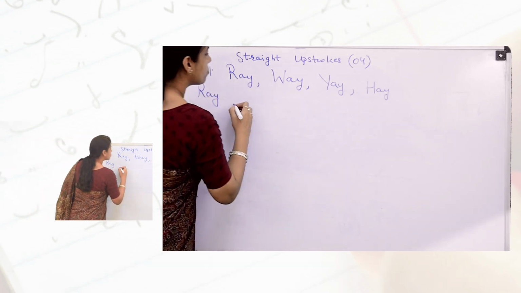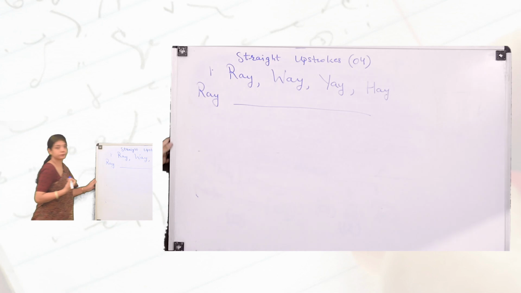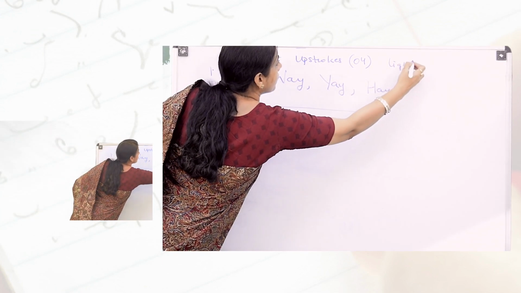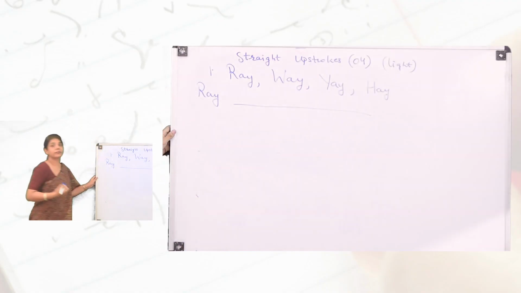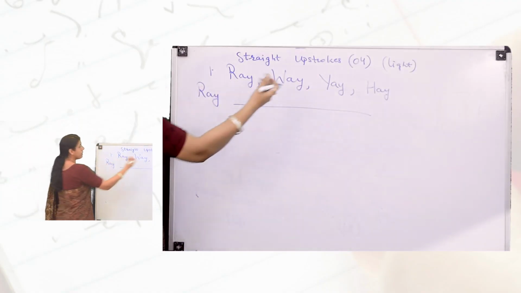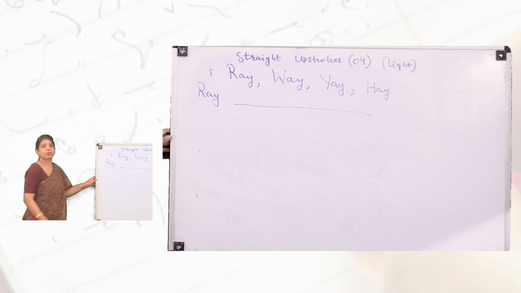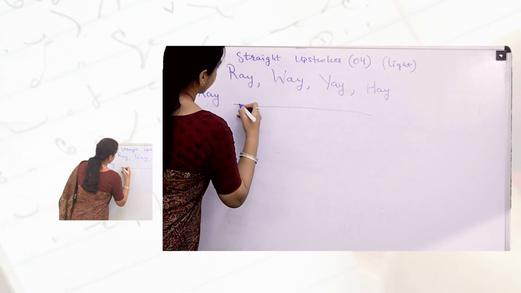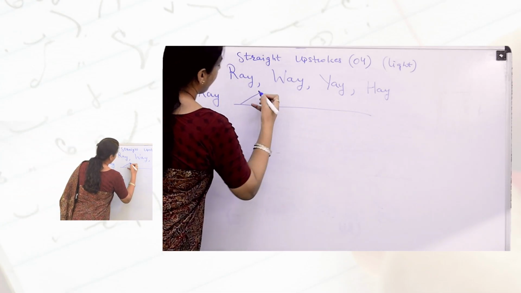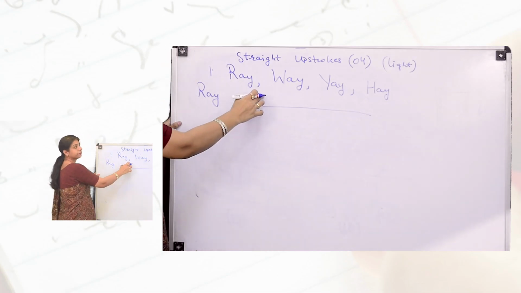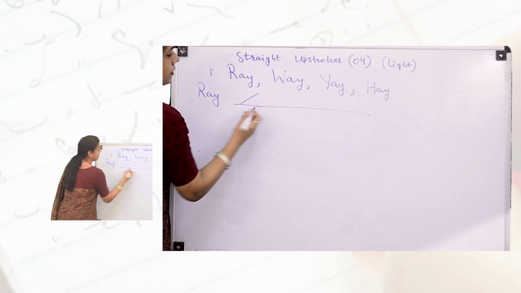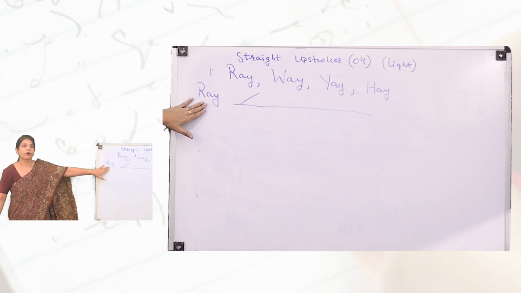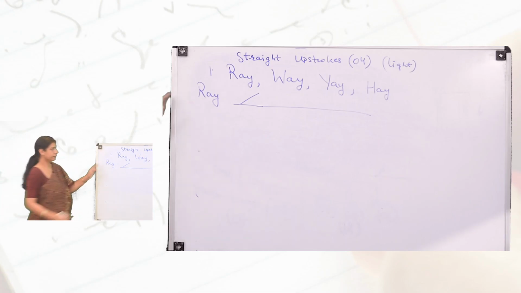Now we learn the outline for re. These are all light consonants, so all will be written with the help of light touch only. And basically these are upstrokes, so we need to start them from the bottom. A line from bottom to top, left to right is a sign used for the consonant re.